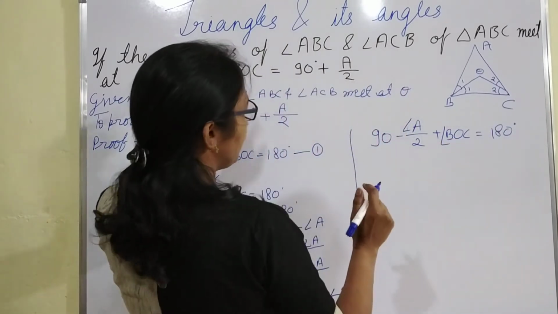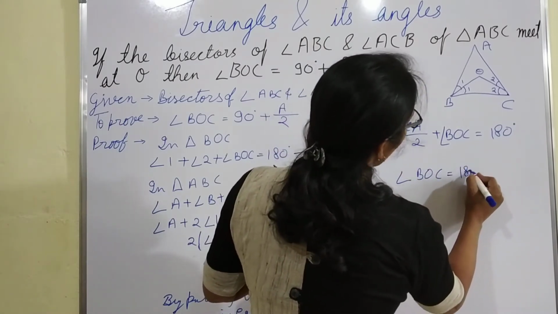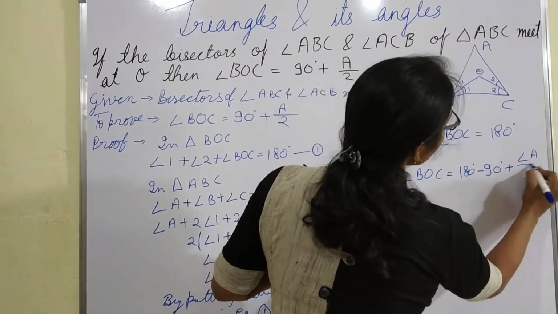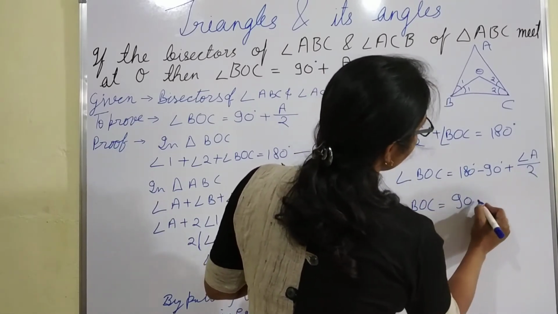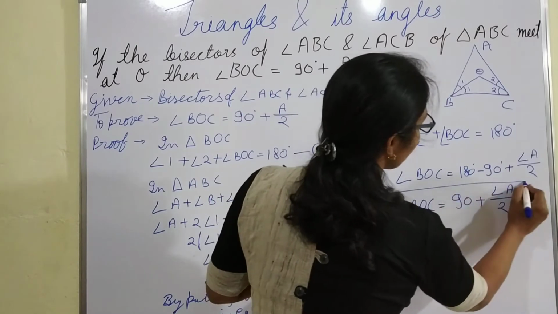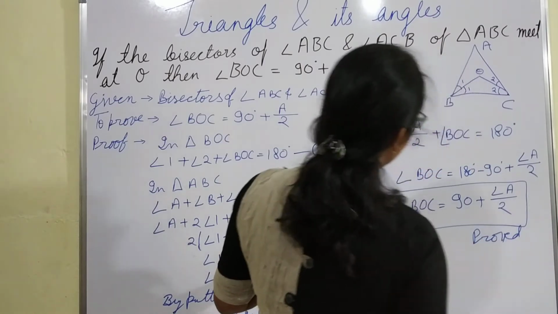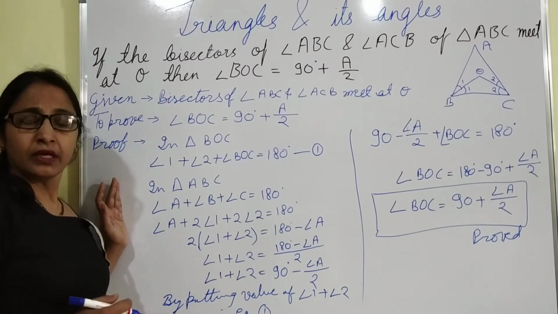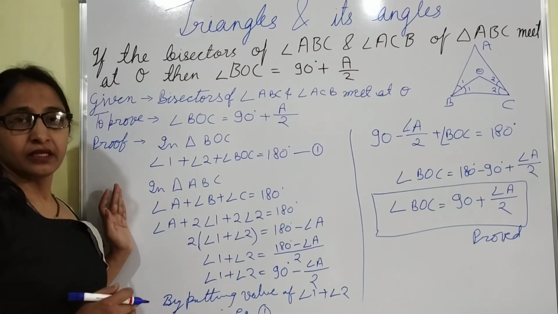We have to find value of BOC. So angle BOC equals to 180 minus 90 plus angle A upon 2. So angle BOC equals to 90 plus angle A upon 2. We have proved it. So actually this sum comes in exam based on this theorem. Directly this theorem doesn't come, only sums.